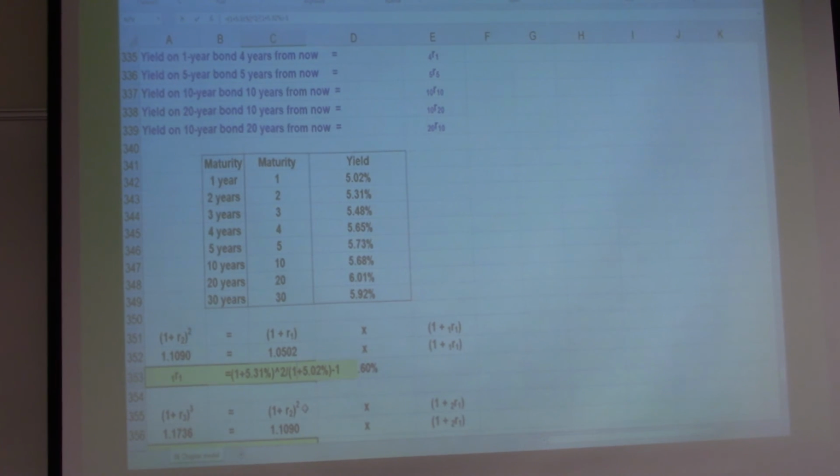So I typed in, is that divided by 1 plus 5.02%, minus 1? Yes. Could you also just take the numbers that you've given above and just divide this way, or do you want us to do the entire equation in that line?